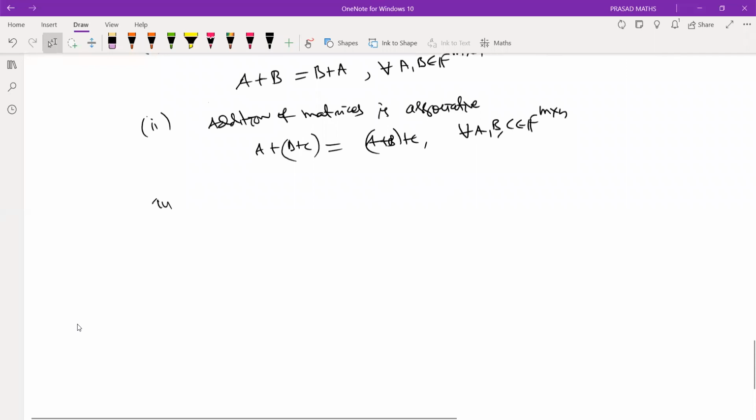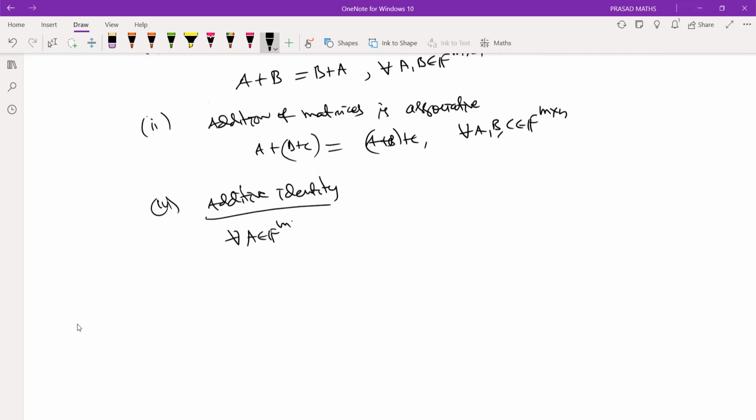Next is additive identity. It satisfies the additive identity property. That means you give me any matrix of order m by n.